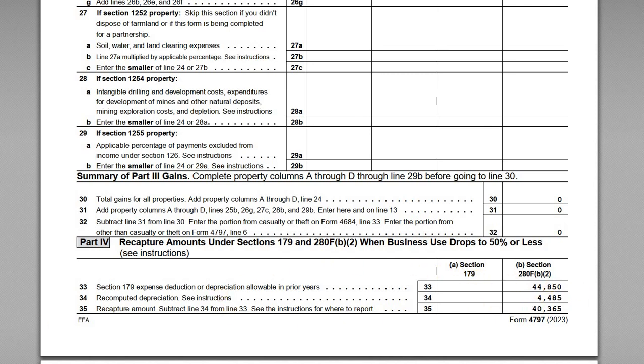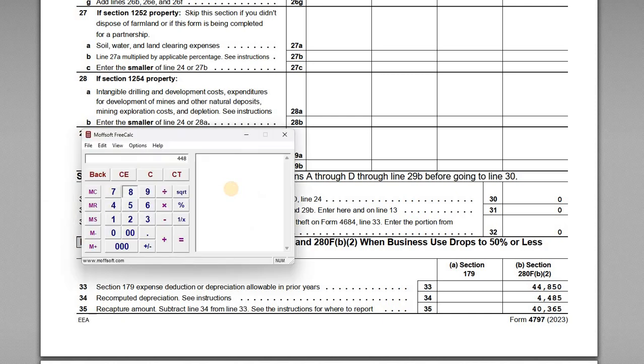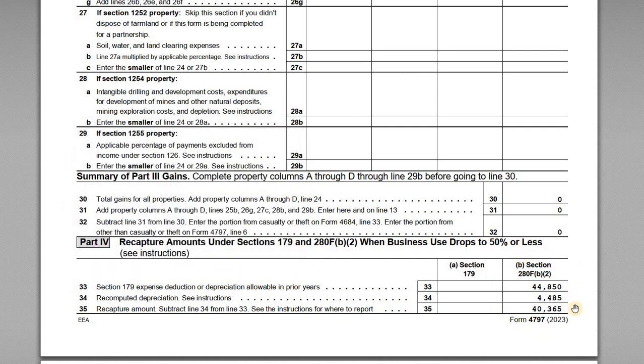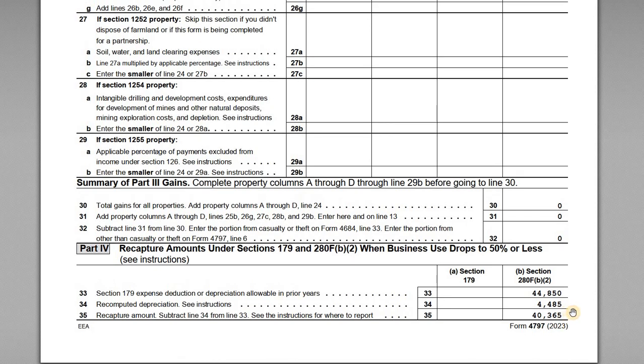So we only had 1 year of straight line depreciation that would have been applied. If you think about this, we had $44,850 over a 5-year period, so $8,970 during the year. But being the first year, we used the half-year convention. So the depreciation expense that would have been deducted in 2022 is $4,485. So we've got the $4,485, and then the recapture amount is the difference of $40,365.